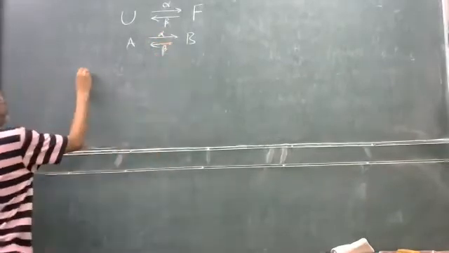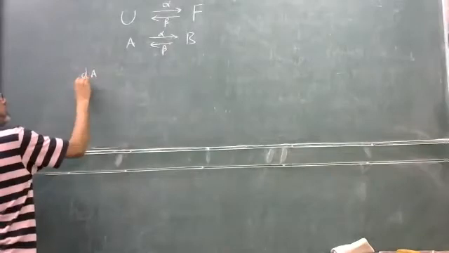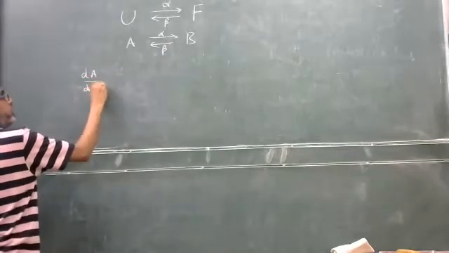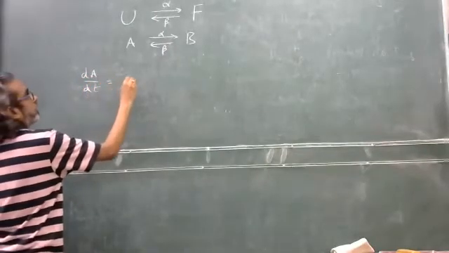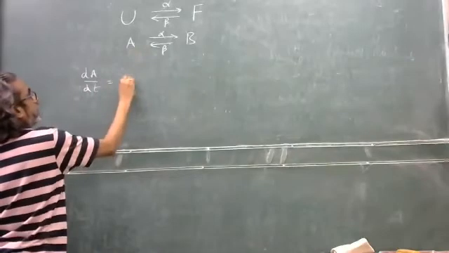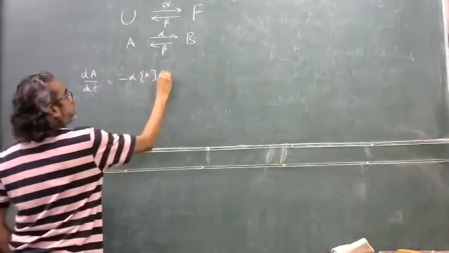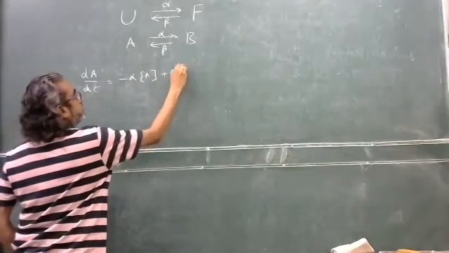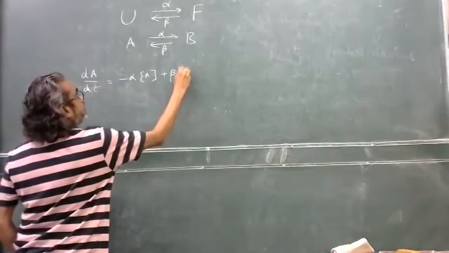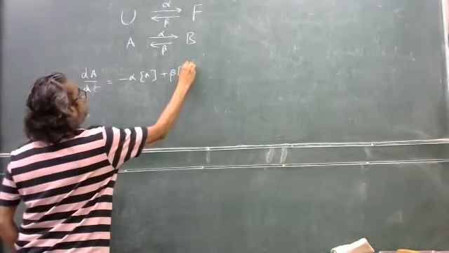Then in the differential equations you can write dA by dt equals what? Minus alpha times A plus beta times B, right?